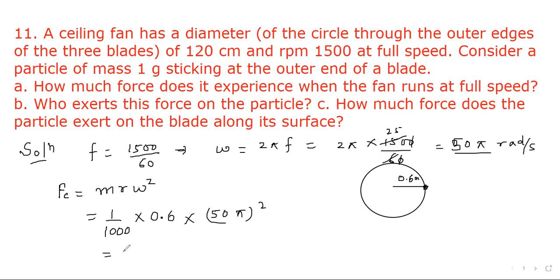If we simplify it, we will get 14.8 newtons. So answer to first part, how much force does it experience when the fan runs at full speed? So force experienced by 1 gram mass is 14.8 newton.